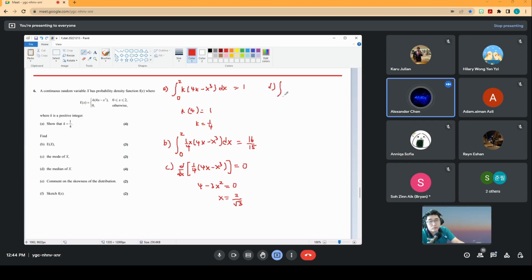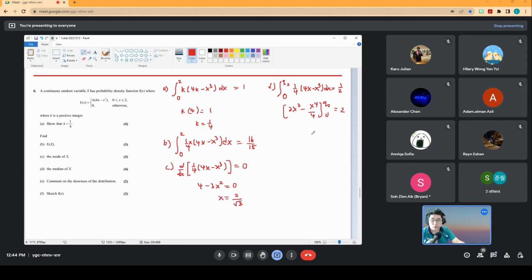Integration from 0 to Q2, I think. Q2. Yeah, then 1 over 4 of (4x minus x cubed) is equal to 1 over 2. So I have 2x squared minus x to the power of 4 over 4, from 0 to Q2, equals 2.